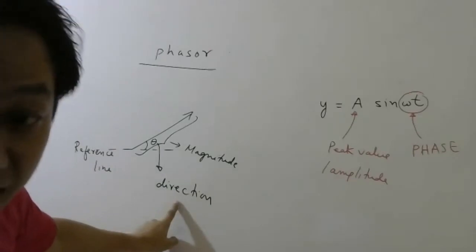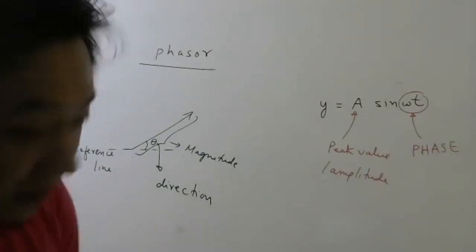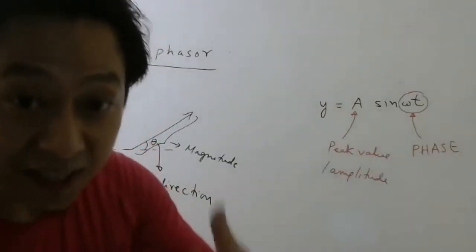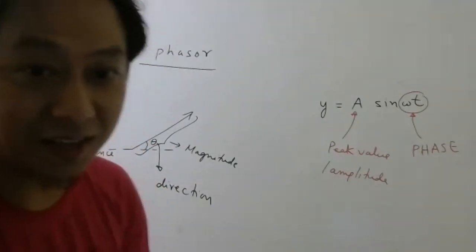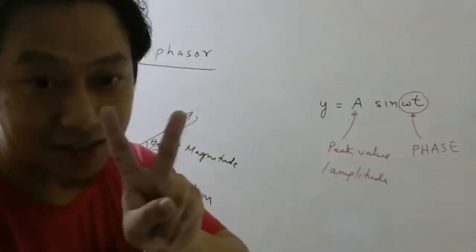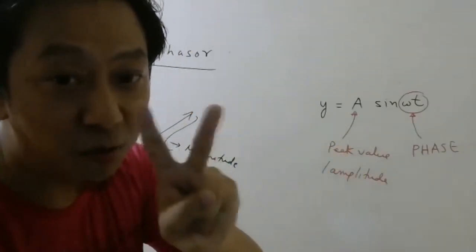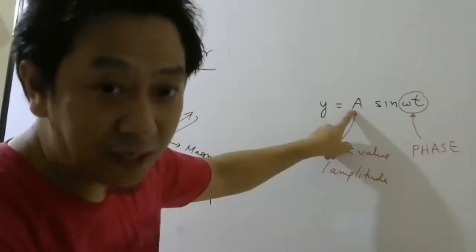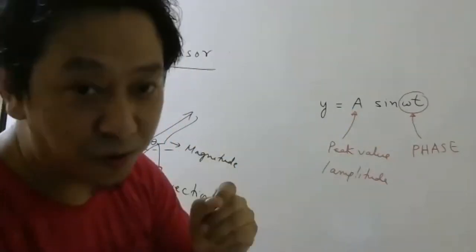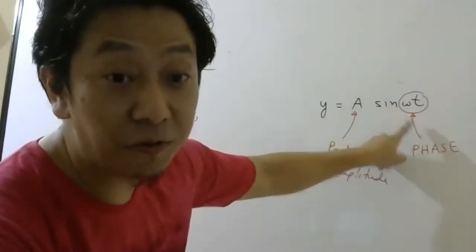Similarly, we have found that alternating quantities, like vectors, also have two things. In order to know this value, you need to know two things: amplitude, the peak value, and phase.